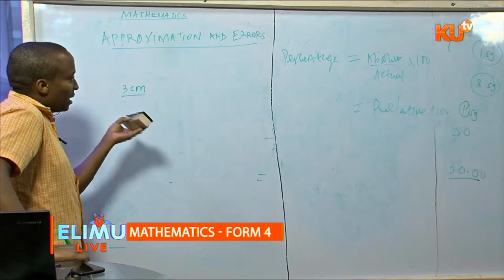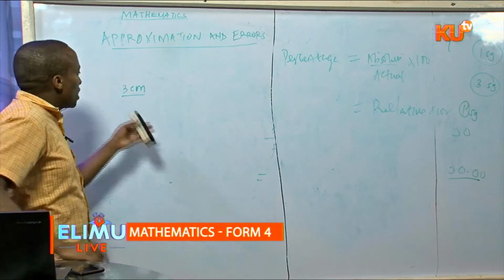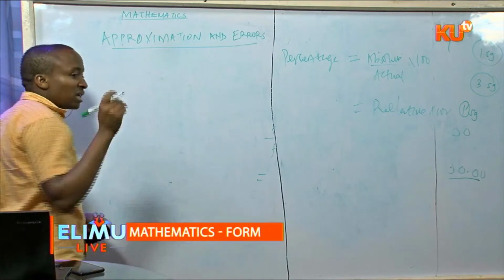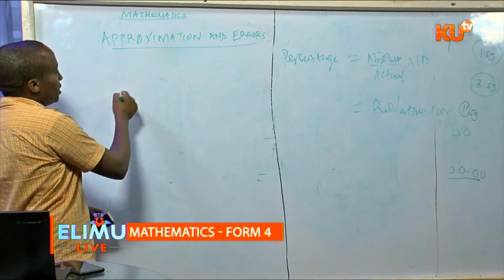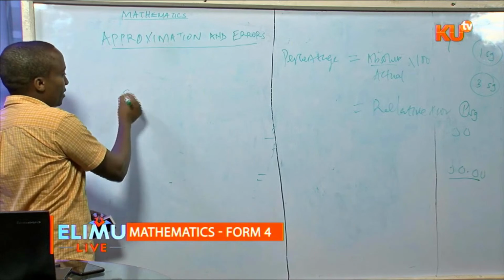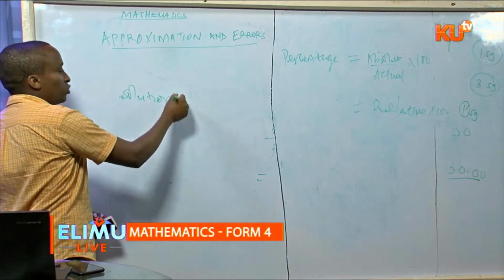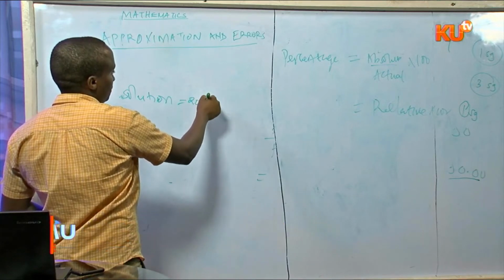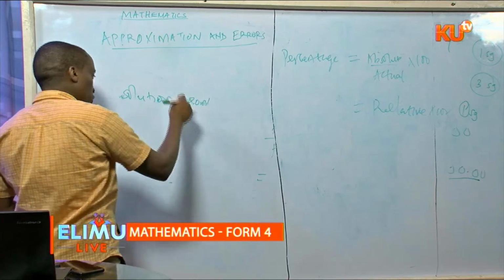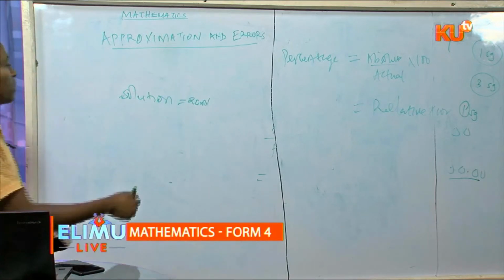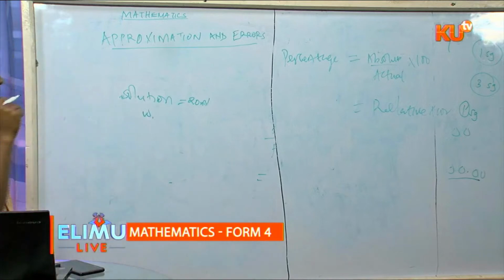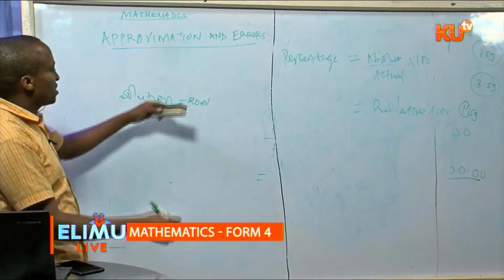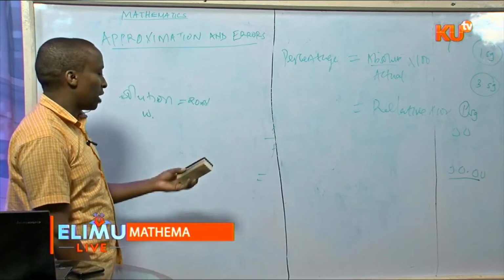But automatically there will be an error when measuring, an uncertainty. A good example: when you go to the laboratory to do practicals, you are to measure using a measuring cylinder, maybe solution X, 20 ml of that solution, and you add it to maybe a solution W. Automatically, when measuring that, there is an error that I was taught by my teacher, Mr. Gashwe, about the meniscus error when measuring.